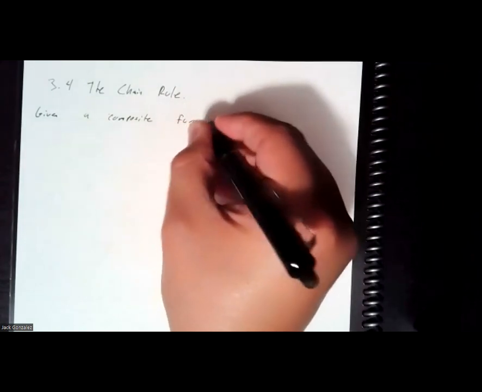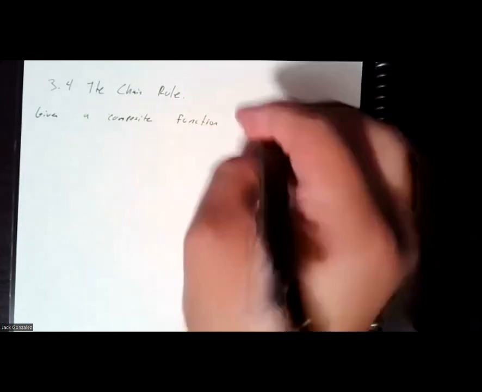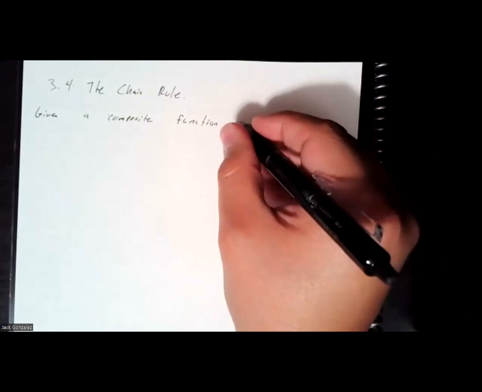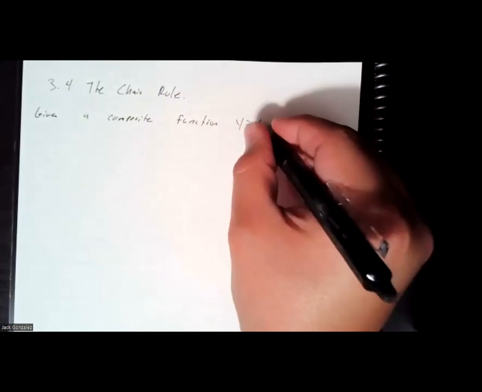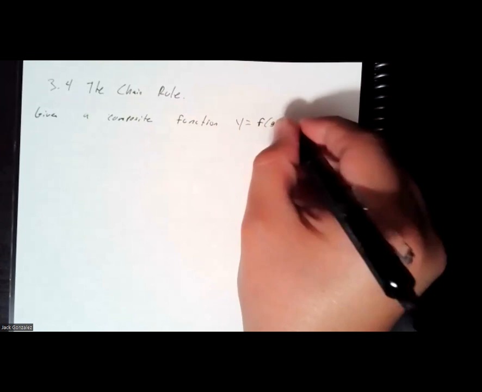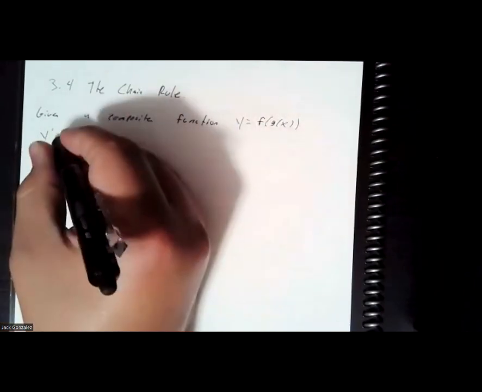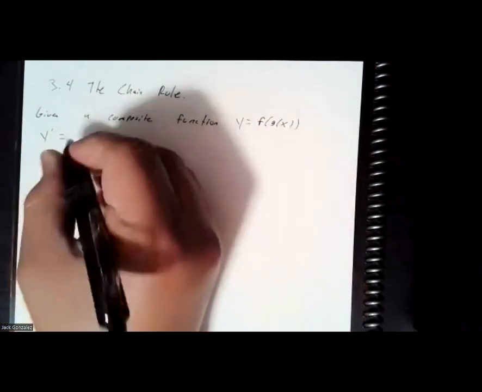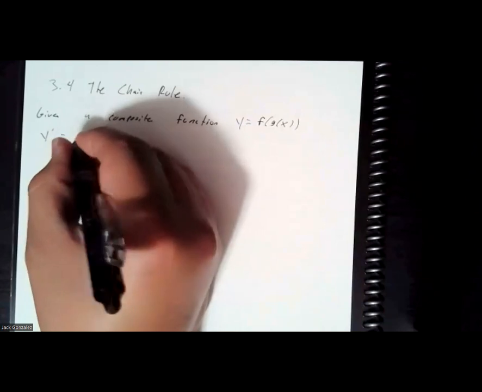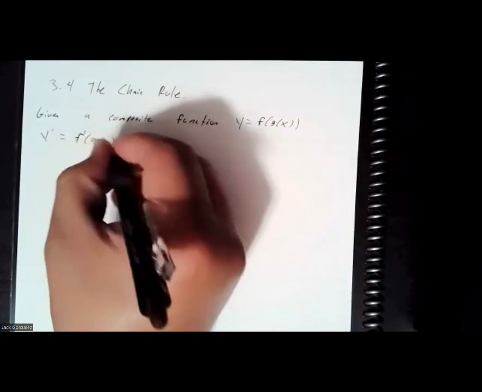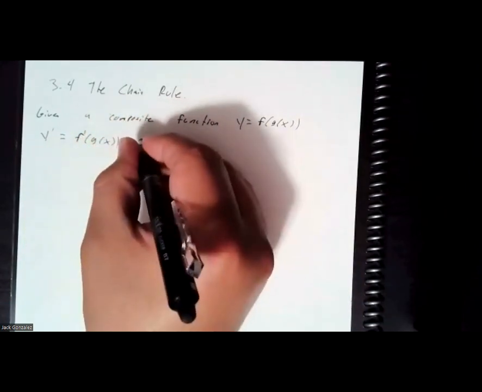All right. So given a composite function, like you were talking about, let's say y equals f of g of x, the derivative of y is equal to the derivative of the outside function times the derivative of the inside function.